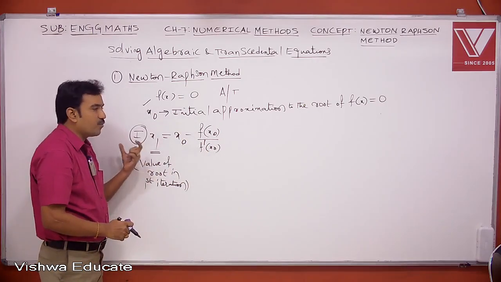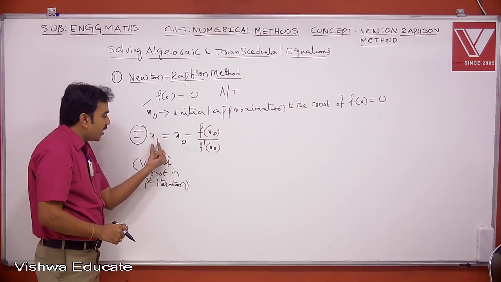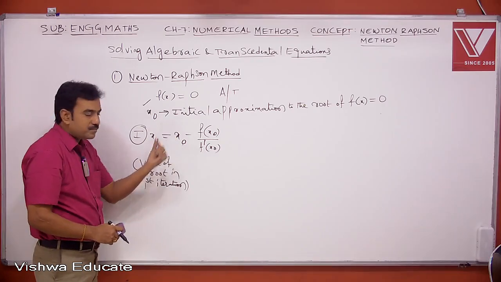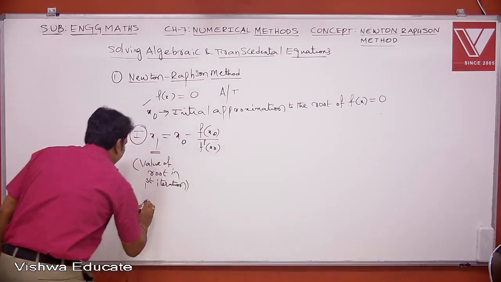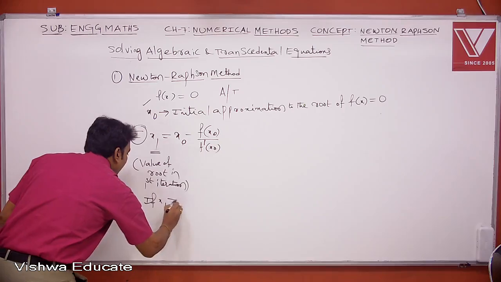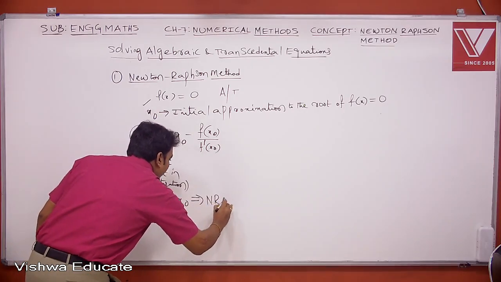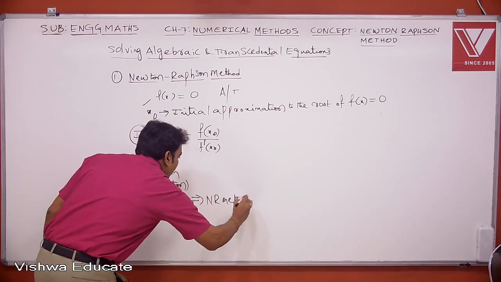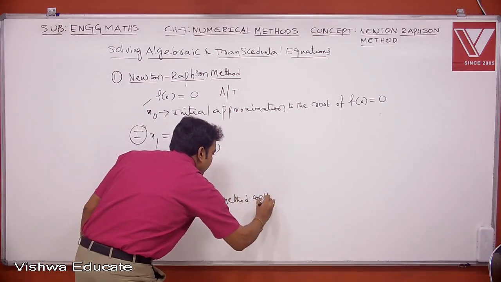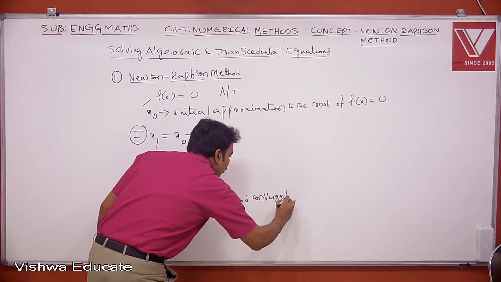Once my x1 is over, I compare the current value with the previous value. So if x1 equal to x0, this implies the Newton-Raphson method, that is the NR method, converges to x0.